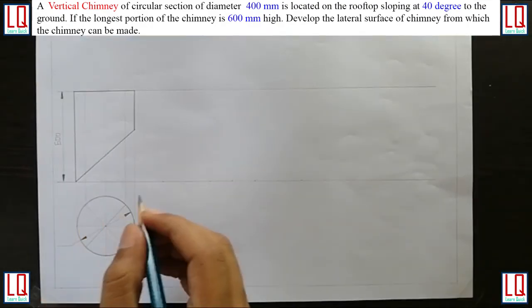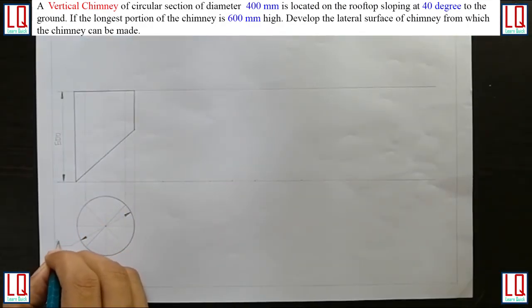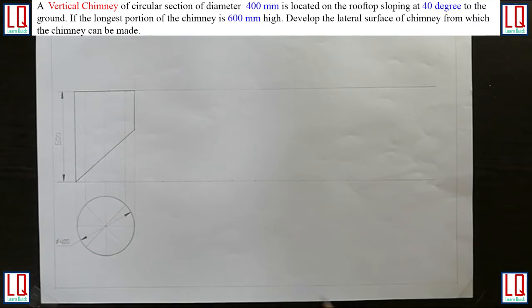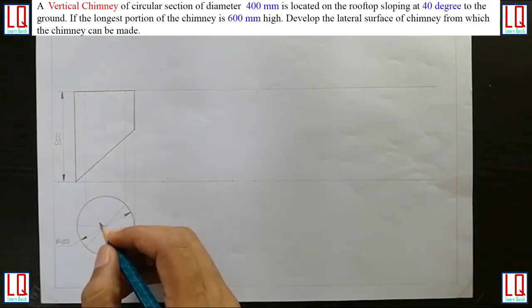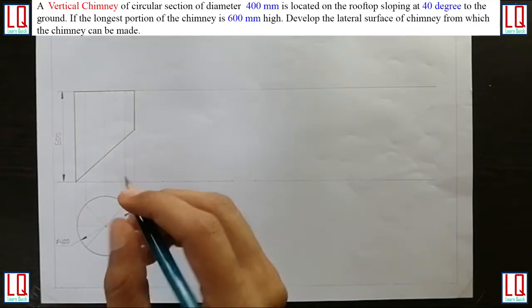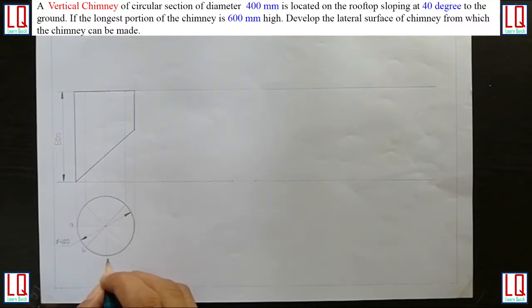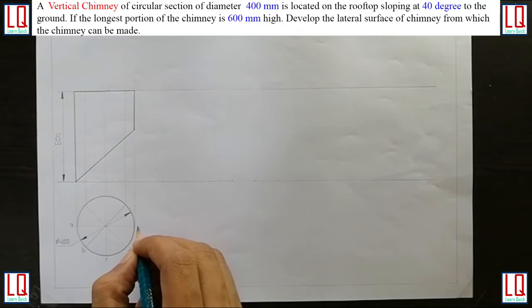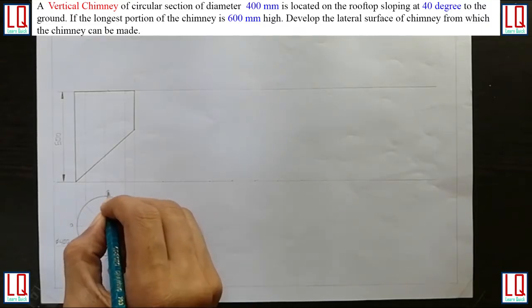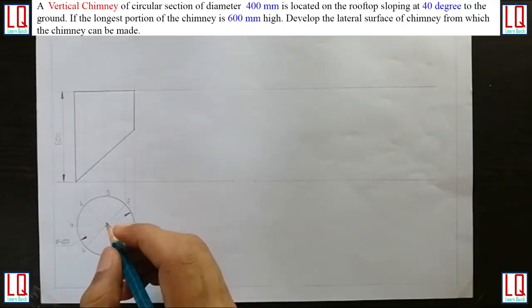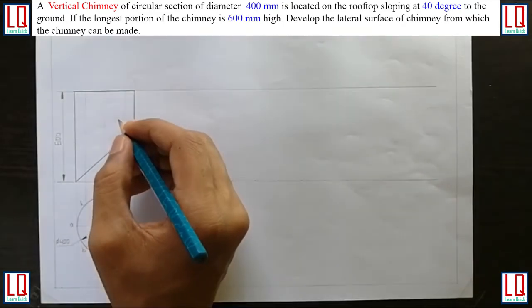The diameter of the chimney is 400. We have divided this circular section into 8 arbitrary points. We will name these 8 arbitrary points as A, B, C, D, E, F, G and H in anti-clockwise direction, and then the same points will be carried over to the front view.